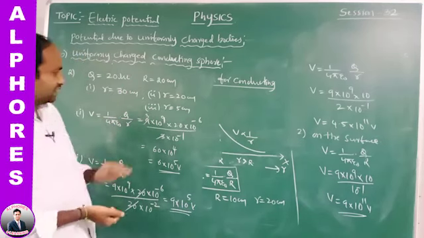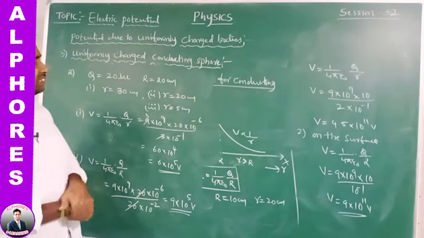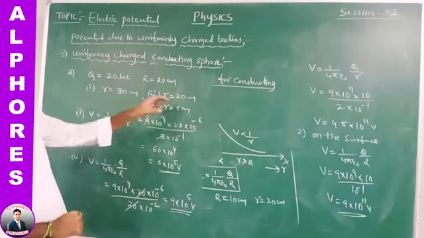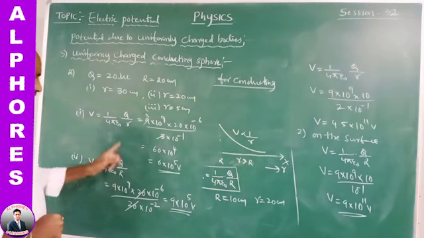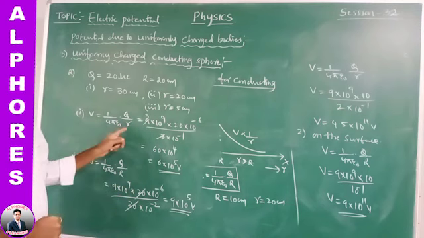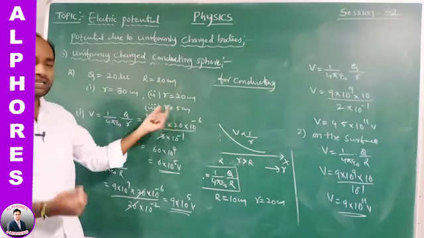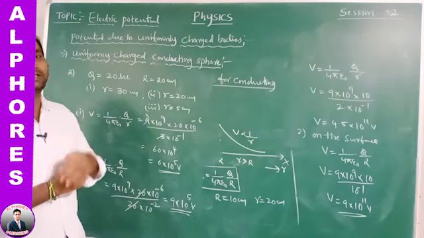Now at a distance of 5 centimeters, listen carefully, it is inside the sphere. But don't use the outside formula with small r equal to 5 centimeters here. The radius is 20 centimeters, and r is 5 centimeters, which means we are calculating the potential inside the sphere.